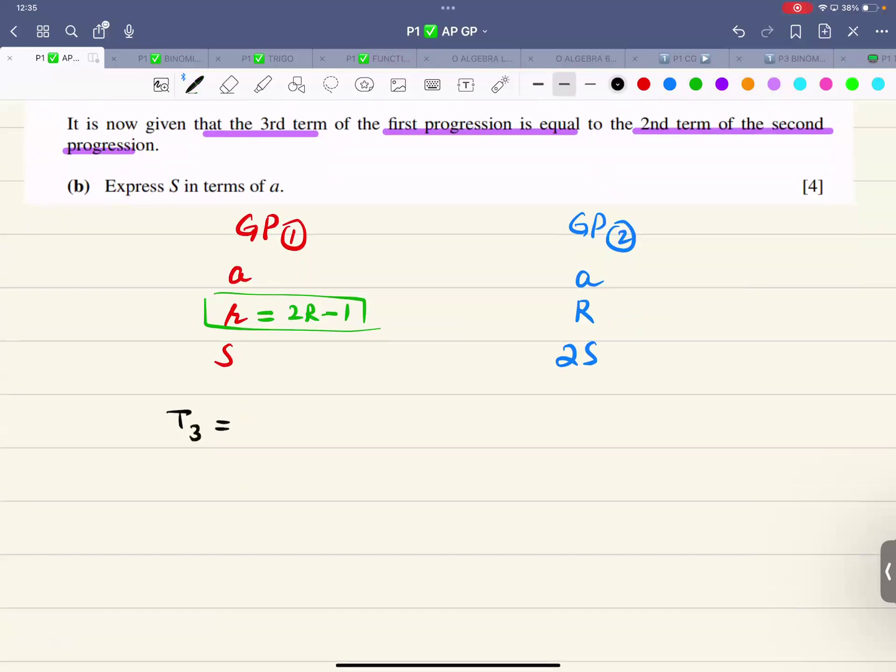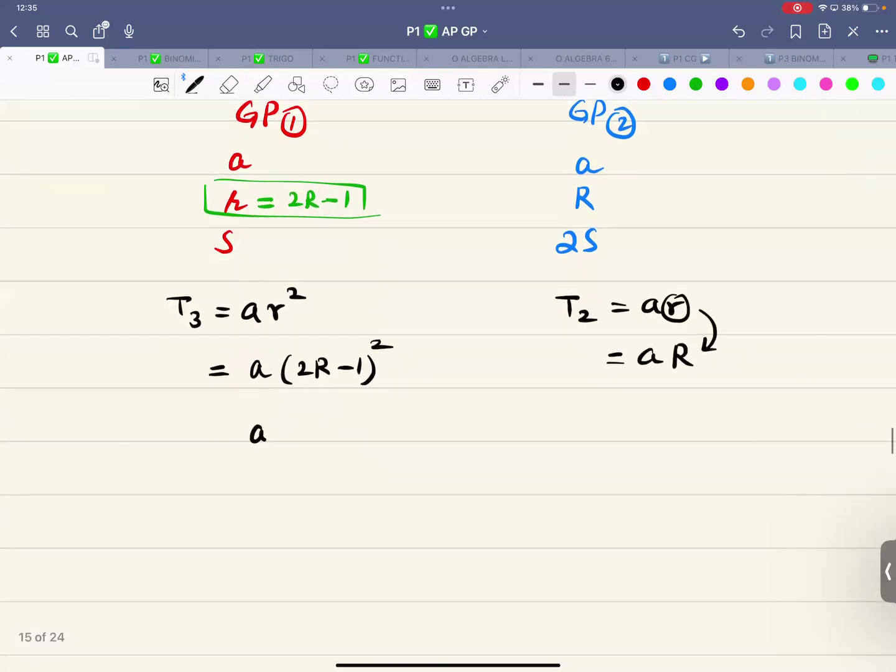Now it says the third term of the first progression. So T3, that is A r squared, that is A as it is, and r is 2R minus 1, whole squared. And then the second term of the second progression, T2, that is simply A into capital R. They are equal.